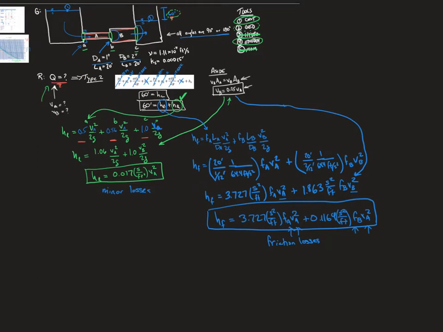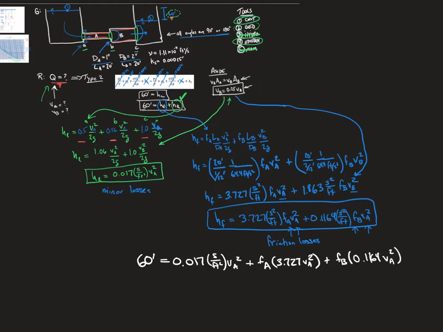So let's go back to white. Back to our energy equation, and we'll say 60 feet equals 0.017 seconds per foot squared VA squared, plus, and I'm going to rearrange this a little bit, FA times 3.727 VA squared, plus FB times 0.1164 VA squared.